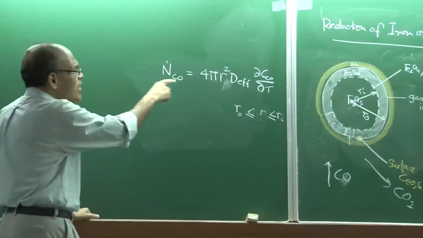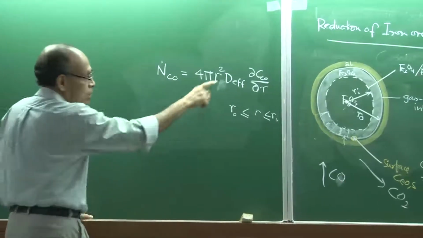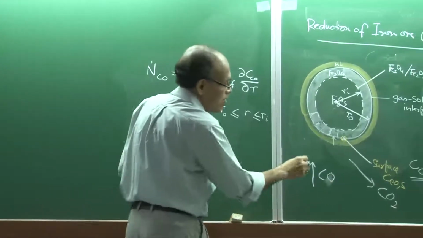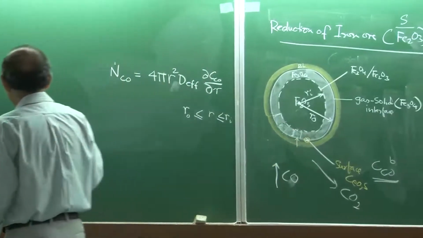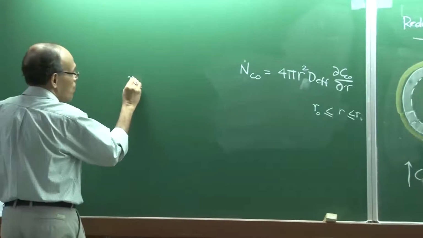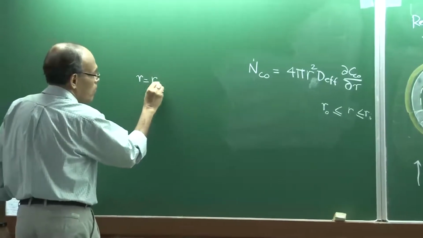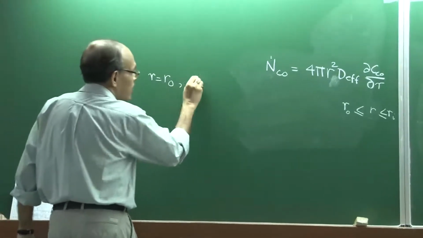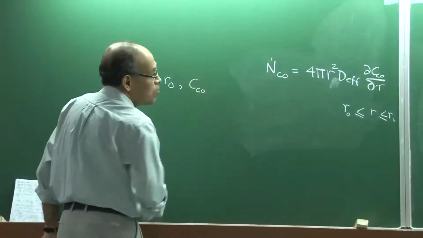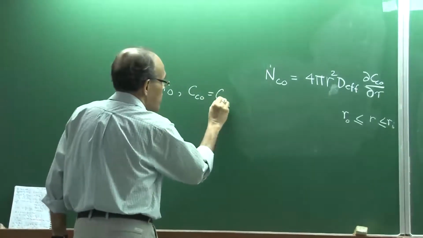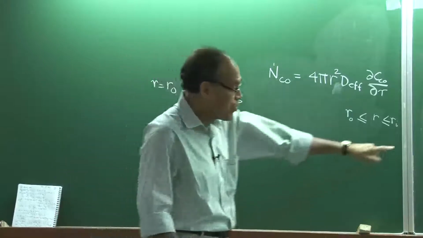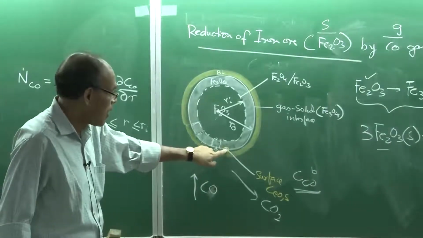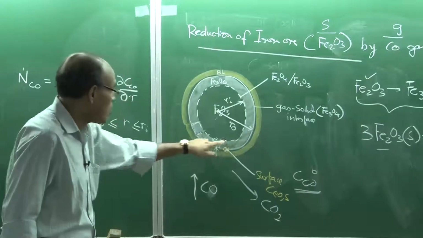So if you represent it in integral form, if you integrate between here and here, we know that at R equal to R0, I have already said that the concentration of carbon monoxide is CCO surface. That is the surface concentration here at R0. What is the concentration here at Ri?